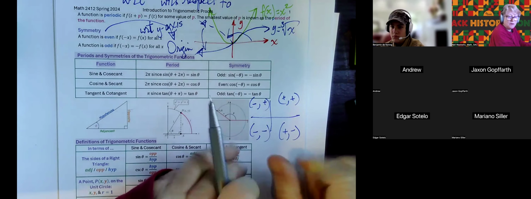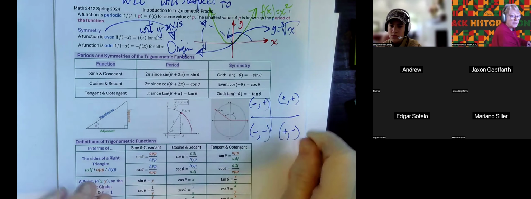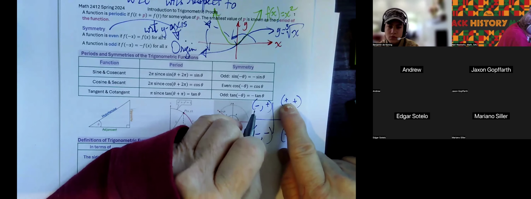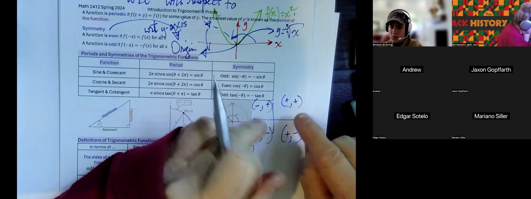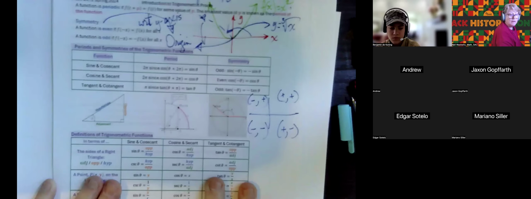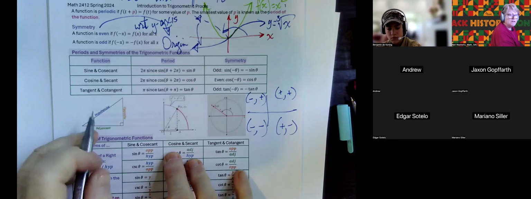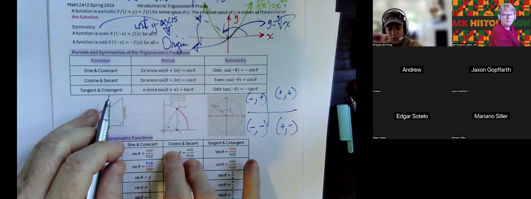Oh, yes, okay. So cosine squared will give us the same value for negative and positive. Sine squared will give us opposite values. And tangent and cotangent are always odd.